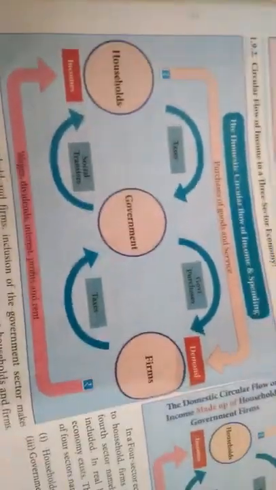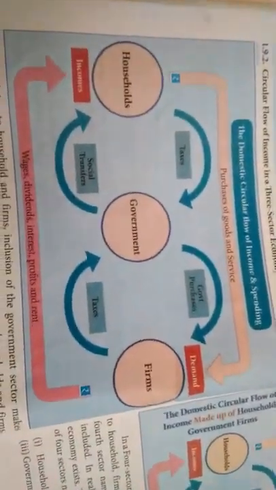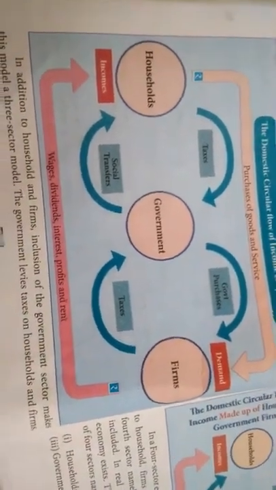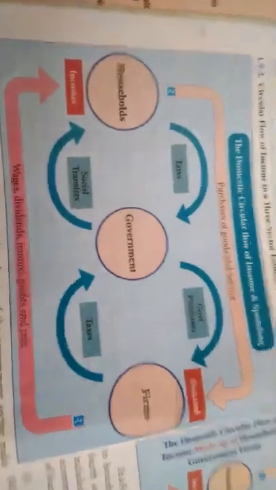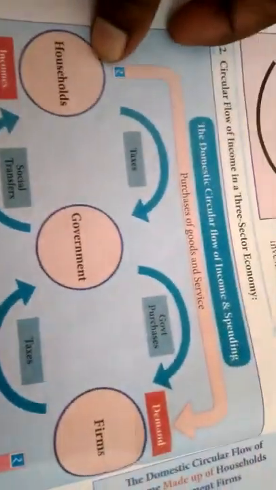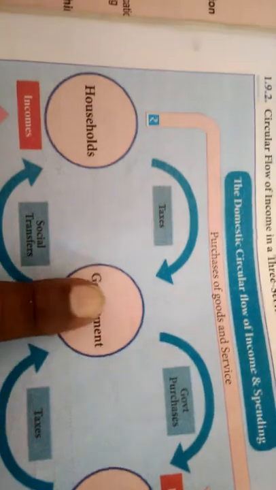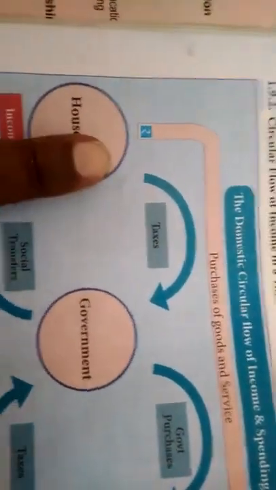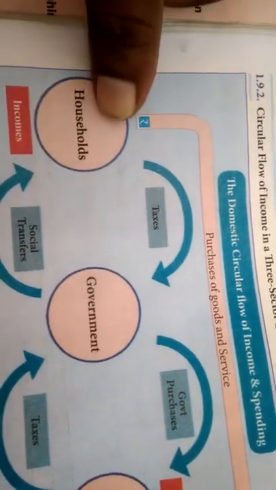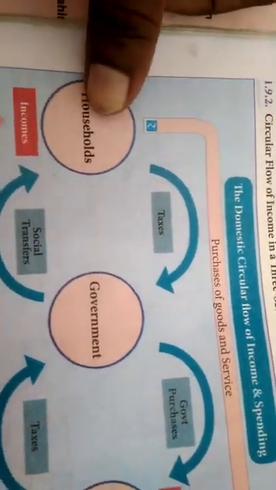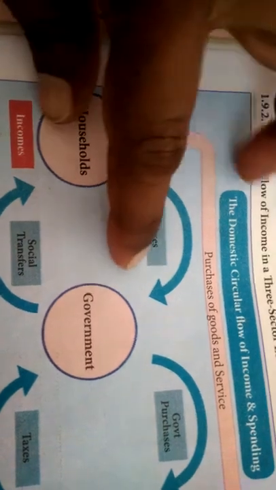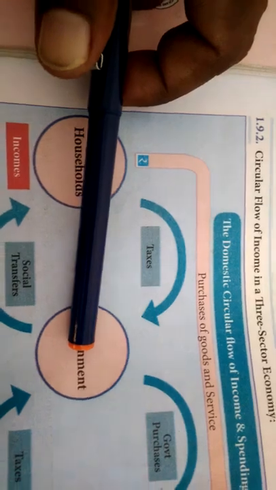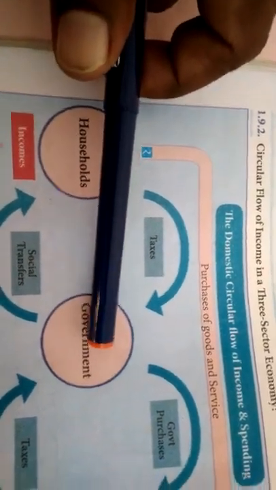In which form does the government provide this gain? The household sector always pays some tax to the government. Even if the households are earning or not earning, they must pay some amount of money to the government in the form of tax.